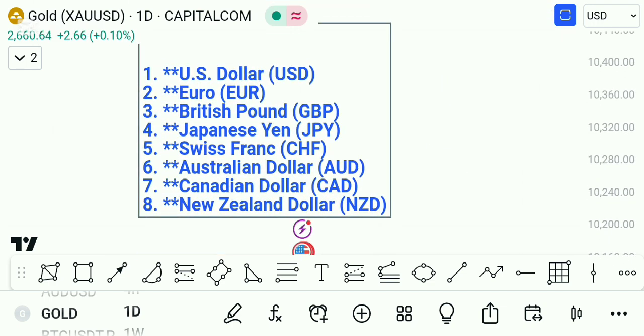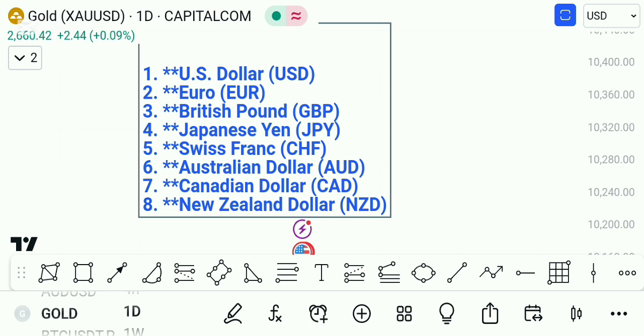We have the United States dollar, with the symbol USD. These are the things we'll be seeing in trading. The euro, that is EUR, the British pound GBP, the Japanese yen JPY, Swiss franc CHF, Australian dollar AUD, Canadian dollar CAD, New Zealand dollar.